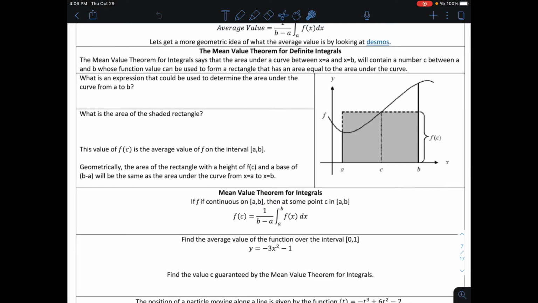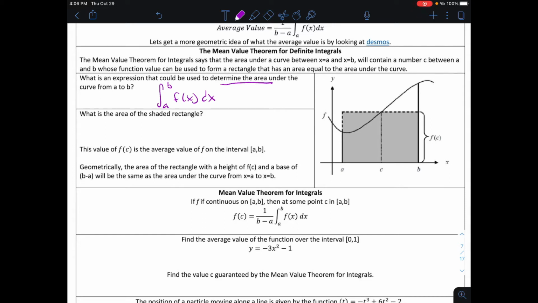All right, so let's go back and look at this picture, and we'll work our way through. I want to write an expression that can be used to determine the area underneath the curve from a to b. The area underneath the curve is calculated by the definite integral from a to b of f of x dx. So whatever f is, the definite integral from a to b gives me the area underneath that curve.